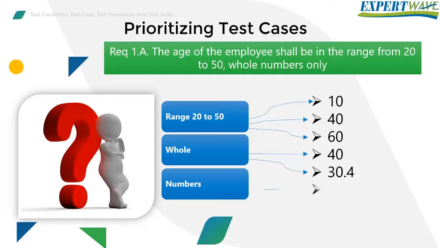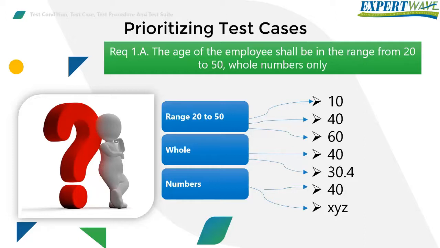So let's try 40, which should be accepted by the software, and try XYZ as characters, which should be rejected by the software. Great. Did you notice something here? There could be more than one test case to satisfy a single test condition, and there could be a single test case, in our example 40, that satisfies more than one test condition.